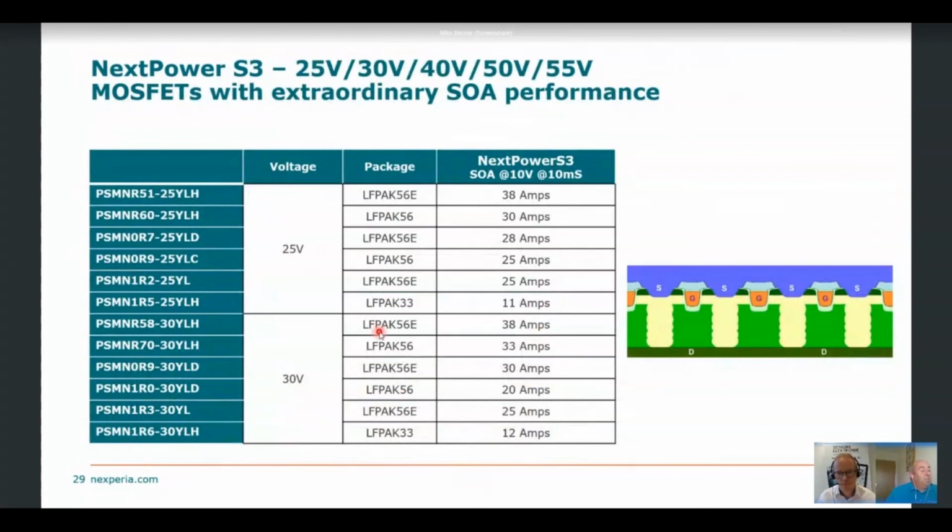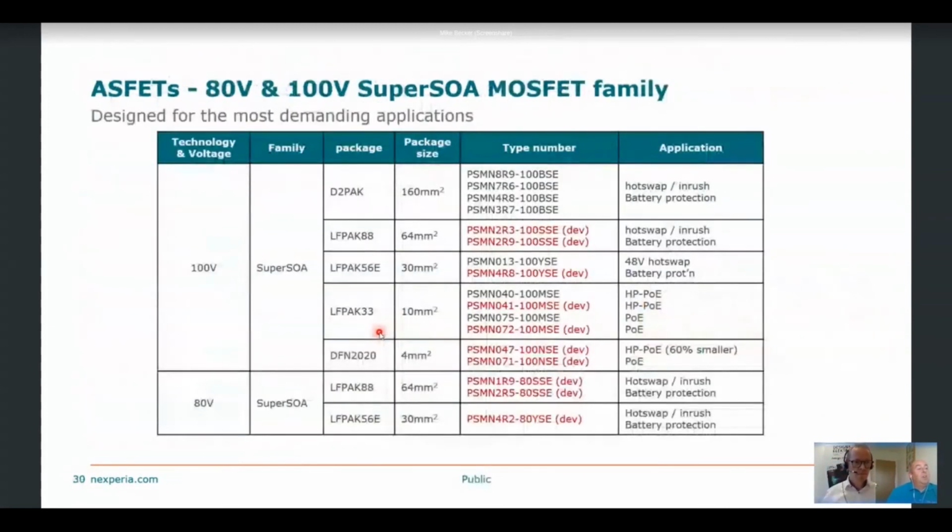There are some product tables there for low voltage products that you can look at maybe afterwards. And there's a product table that shows our high voltage, 80 to 100 volt solution. For those 48 volt applications, the products in gray are the products that we've had released for a while, and the products in red are what's coming in development in the next few quarters as well.